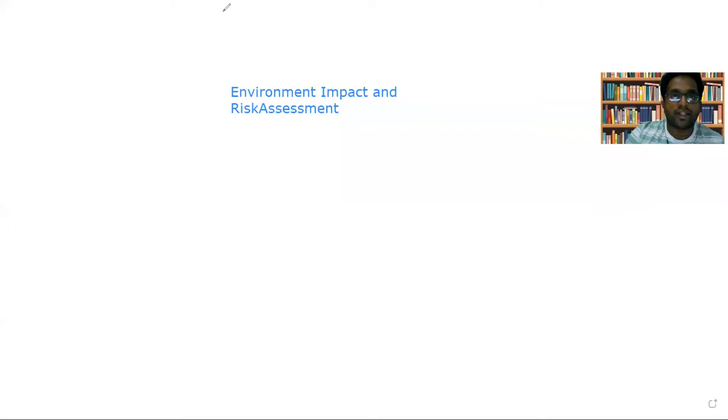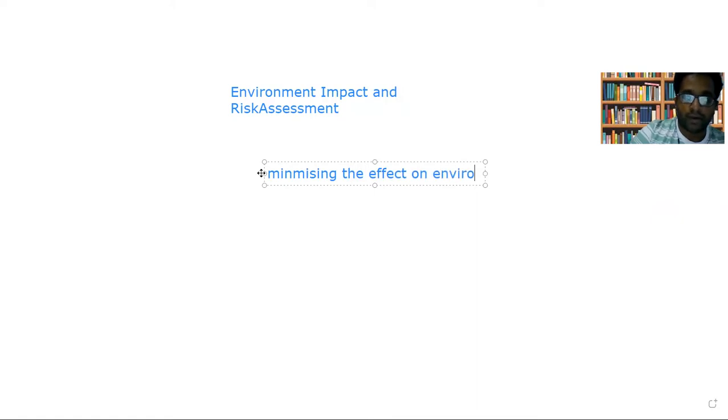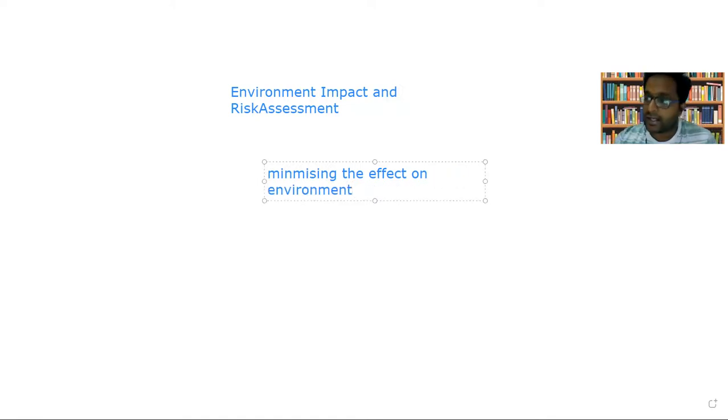Okay, so we can briefly say that minimizing the effect on environment can be obtained if a proper impact assessment is being carried out.